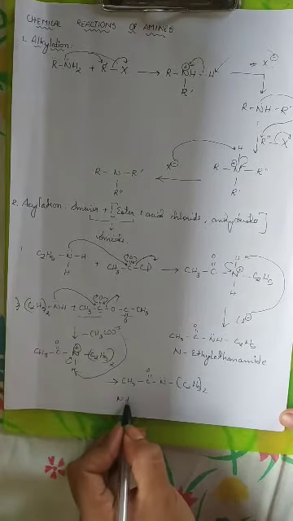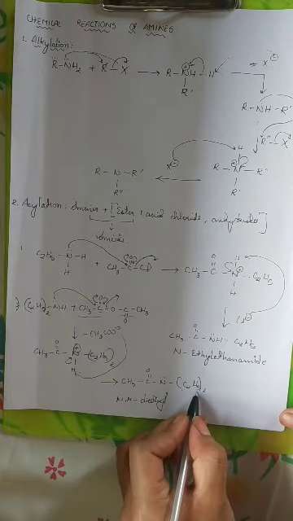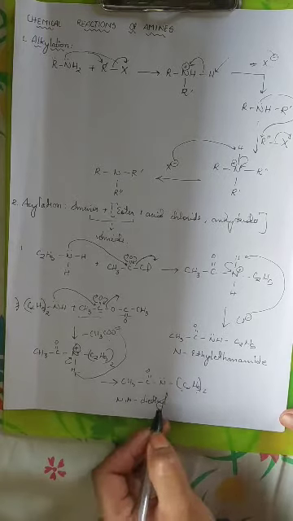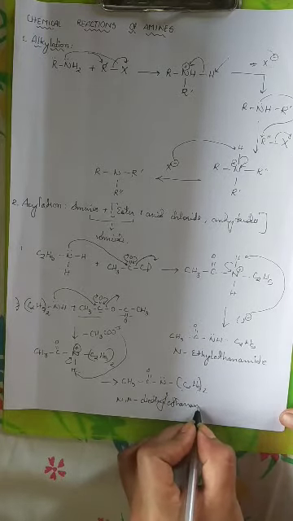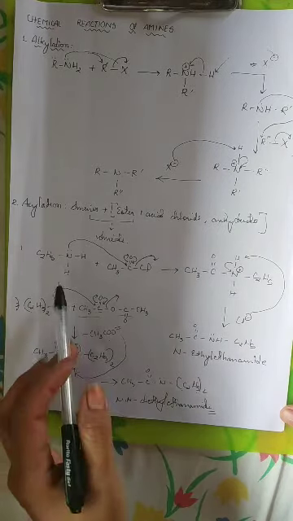Now, N,N-diethyl, two ethyl groups attached to the nitrogen, N,N-diethylethanamide. So this will be our resulting product. Now for tertiary amines, there is no acidic hydrogen.